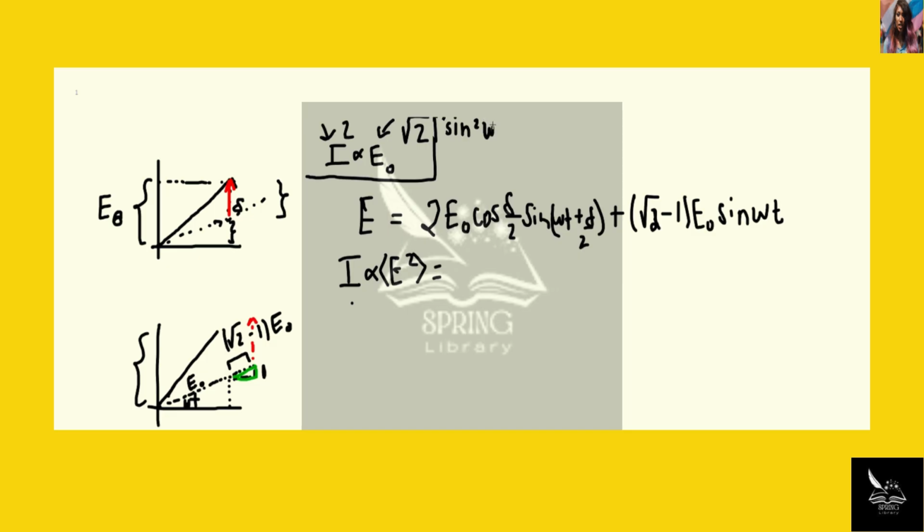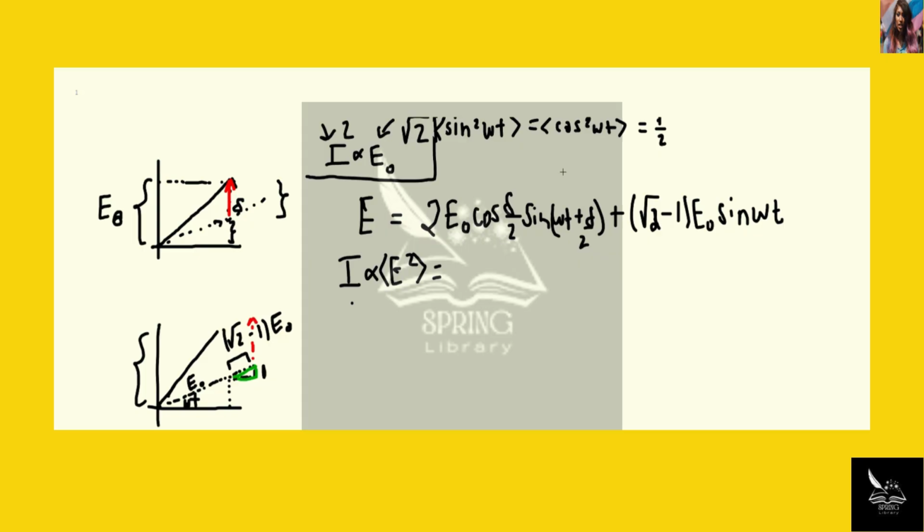The time average of sine squared omega t is equal to the average of cosine squared omega t, and that's equal to 1/2. And just Google that if you don't know it.